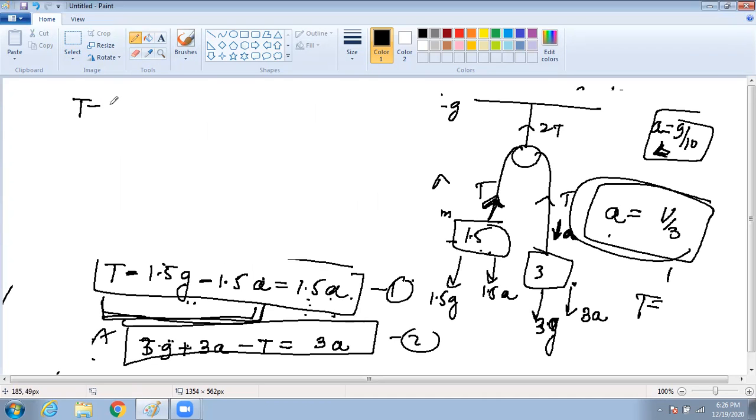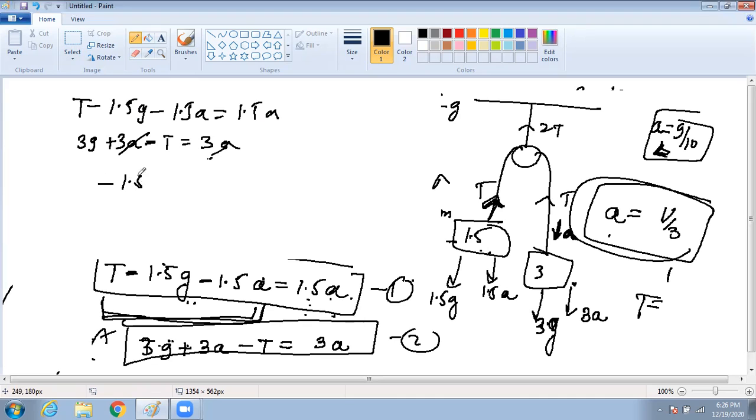So correctly, 1.5 g minus 1.5 a equal to 1.5 a. Okay, and here 3g plus 3a minus T is equal to 3a. Correct? So obviously we say 3a, yeah. Mass, yeah. So 3a got cancelled. You are correct. So now tension will also get cancelled. So 1.5, this will come this side.